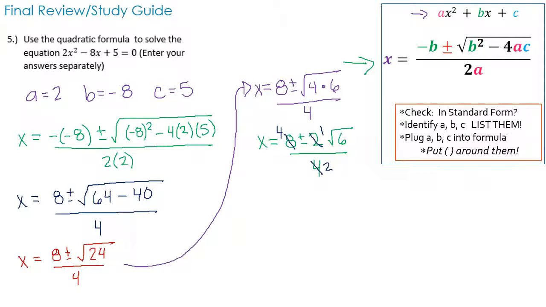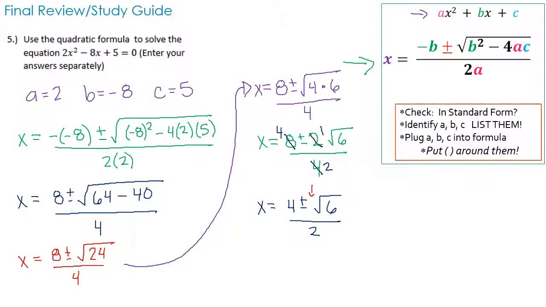So now if we just rewrite it using that, we have x is equal to 4 plus or minus 1, which we don't need to write the 1, times the square root of 6 all over 2. And we just want to enter our answers separately. There's nothing else we can do to reduce. We cannot reduce that 4 and the 2 because there's no number here that we can reduce.